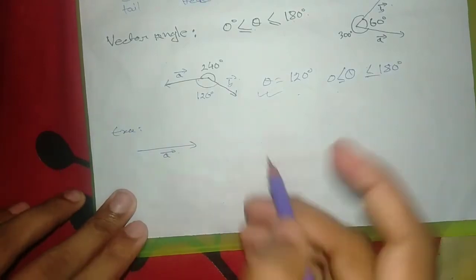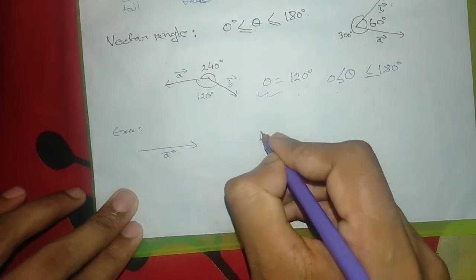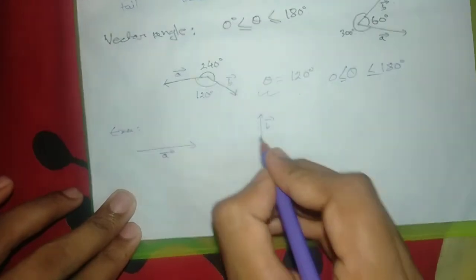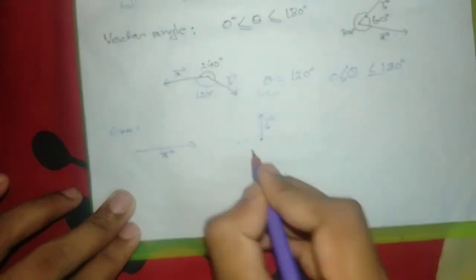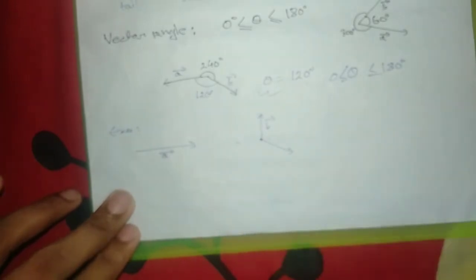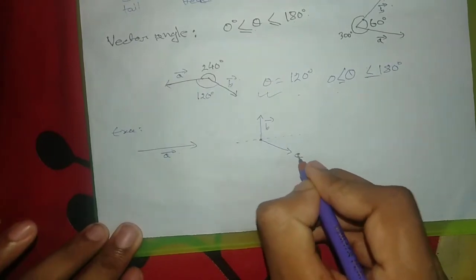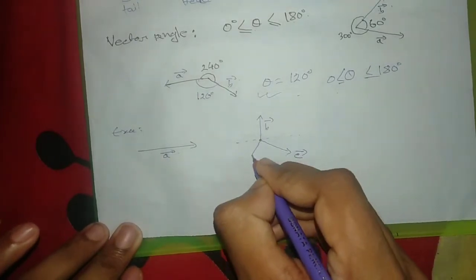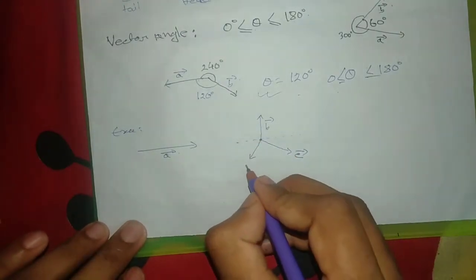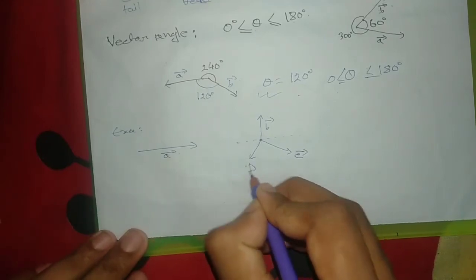Okay, and from this point this is B vector, and this is C vector, and this is D vector.